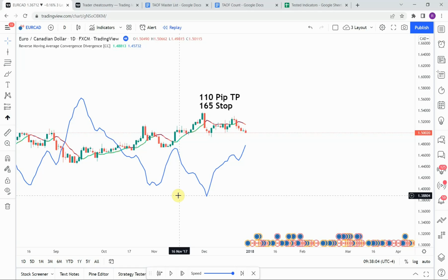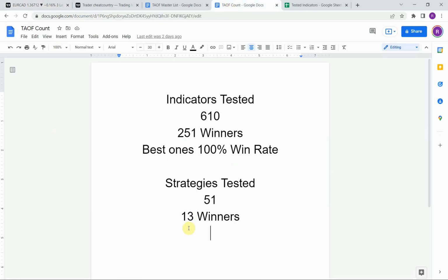Alright, as I said, today we will be testing the reverse moving average convergence divergence indicator. Before we do though, I wanted to put the testing scoreboard up for everyone to see. So to date, we have tested a total of 51 different strategies, with 13 of them being profitable. We've also tested a total of 610 indicators, with 251 of them being winners.